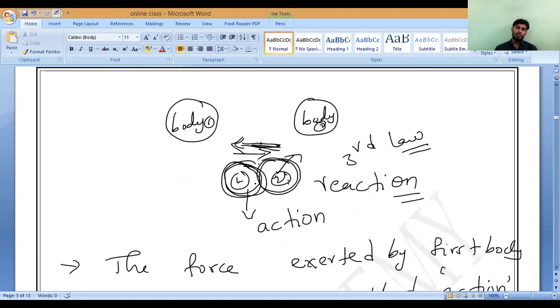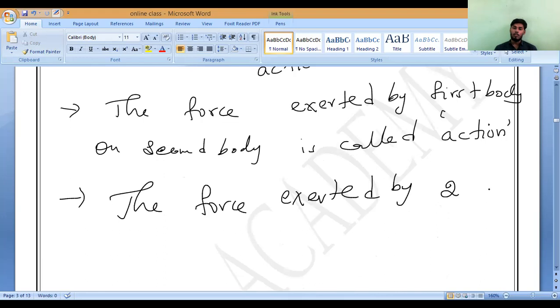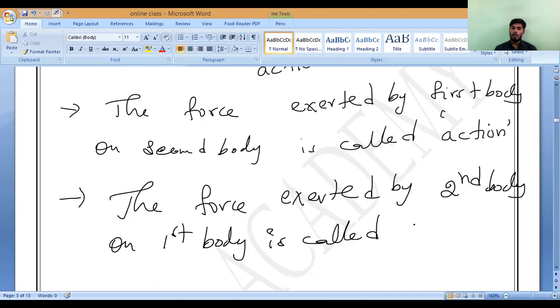The force exerted by the first body on the second body is called action. Oppositely, the force exerted by the second body on the first body is called reaction. But both are equal. Is it yes or no?